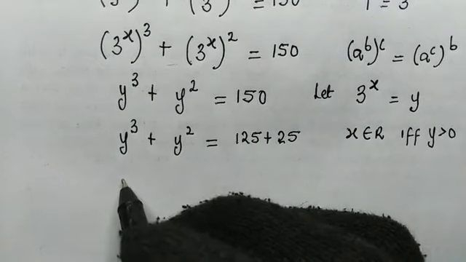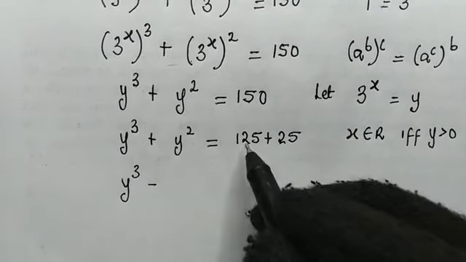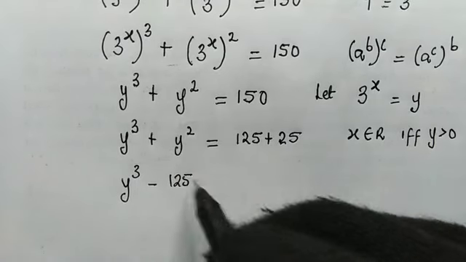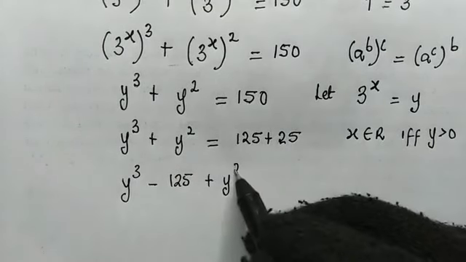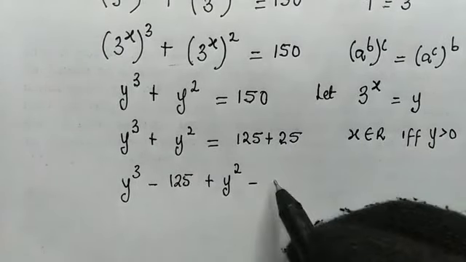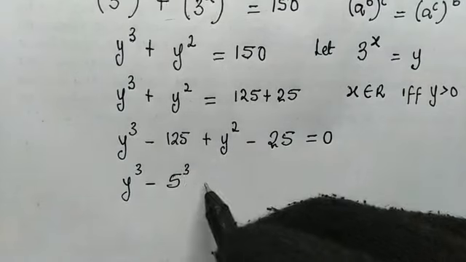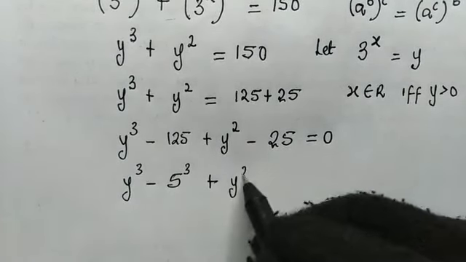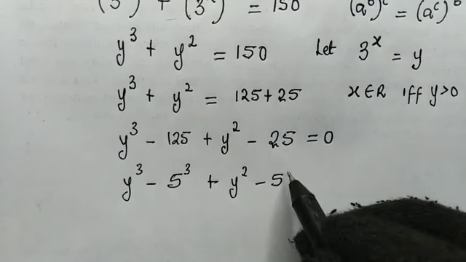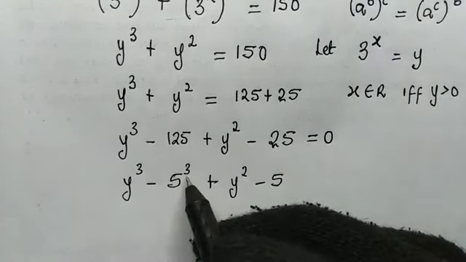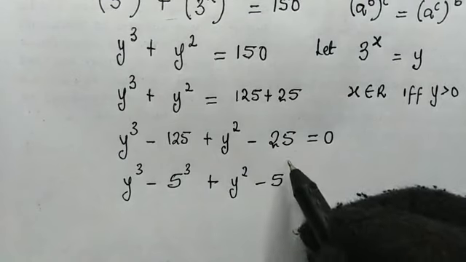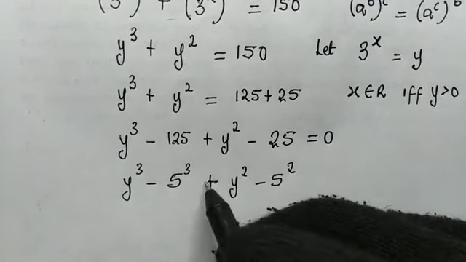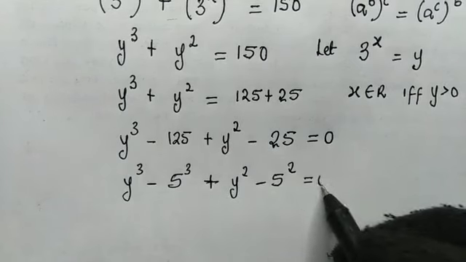So this is y cubed minus 125 plus y squared minus 25, and this is equal to 0. From here, this is y cubed minus 5 cubed, since 125 is 5 cubed, plus y squared minus 5 squared, since 25 is 5 squared, and this is equal to 0.